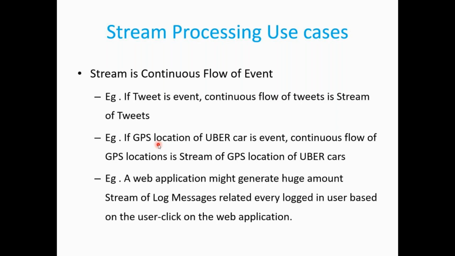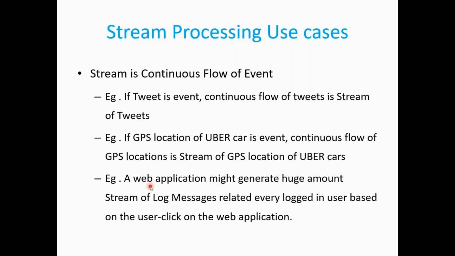So the GPS location of an Uber car is an event. A continuous flow of GPS locations is a stream of GPS locations of Uber cars. With the help of GPS location tracking, you can get to know your exact location right now, and also figure out at what time you'll be reaching your destination.